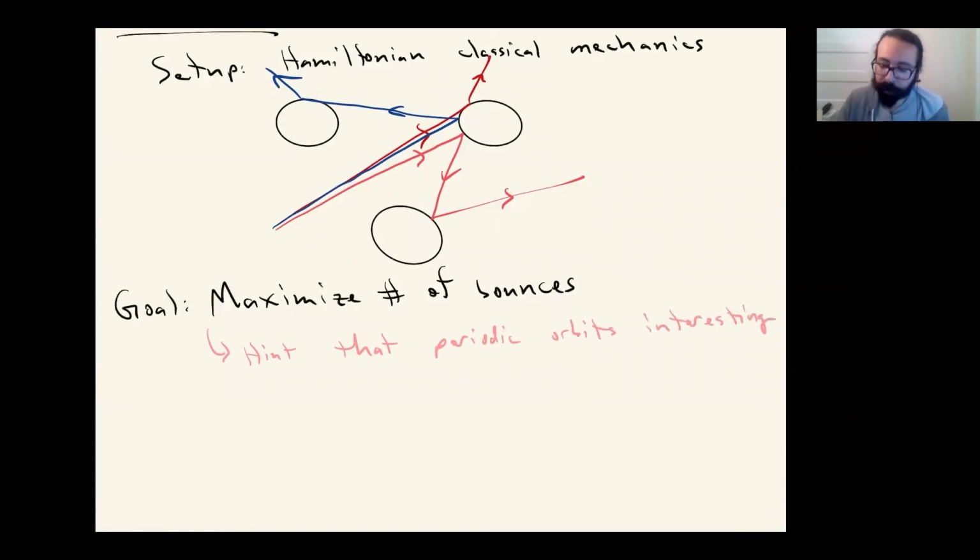Because obviously, maybe there's a simple periodic orbit that just bounces back and forth forever between 2 disks, and so obviously you would win because you would get infinite points, you would never leave if you're exactly on that periodic orbit. So this might be a simple motivation to say, okay, if I want to win pinball, I should find all of the periodic orbits.